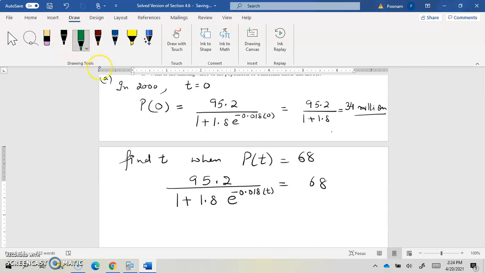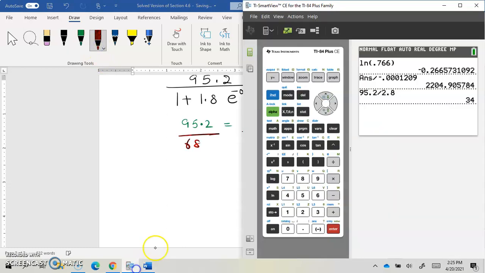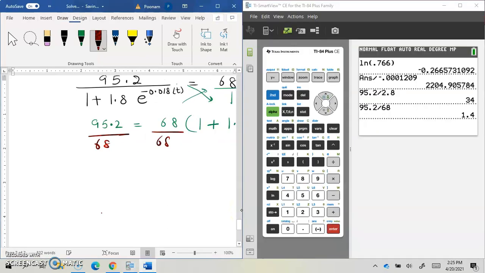So this becomes an equation. I can use cross multiplication like this. So 95.2 would be equal to 68 times 1 plus 1.8 e raised to the power negative 0.018 times t. We can divide both sides by 68. 95.2 divided by 68 is 1.4.